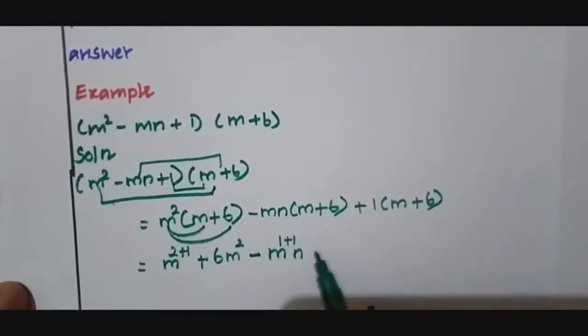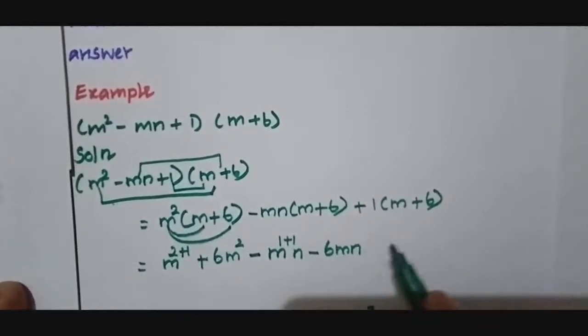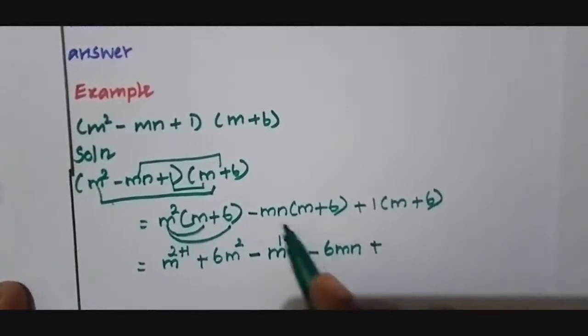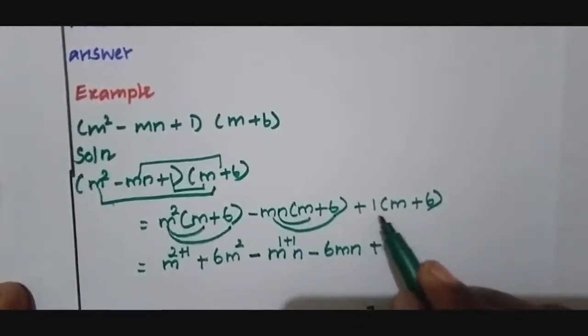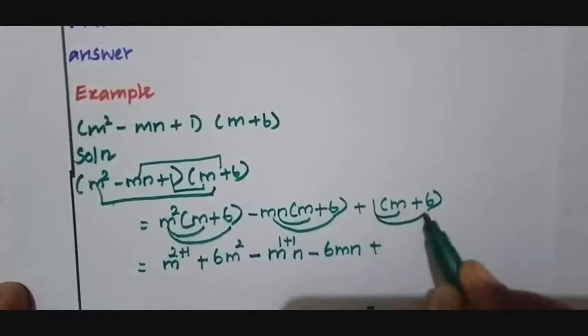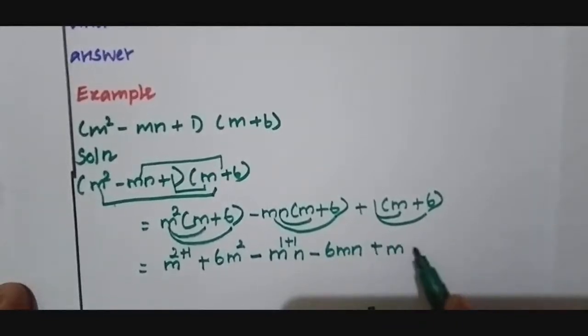Minus into plus is minus, mn into 6 is 6mn. Multiply this 1 with the terms inside the bracket: 1 into m is m, plus 1 into 6 is 6.